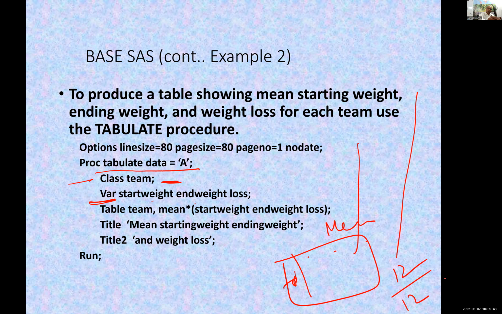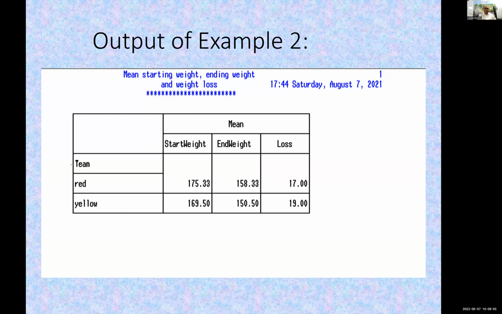That's not a problem. So when you are typing this program, you get output like this. Mean starting weight, end weight of loss, this much. And see, mean starting weight, mean ending weight, mean loss. Team, red and yellow teams here.